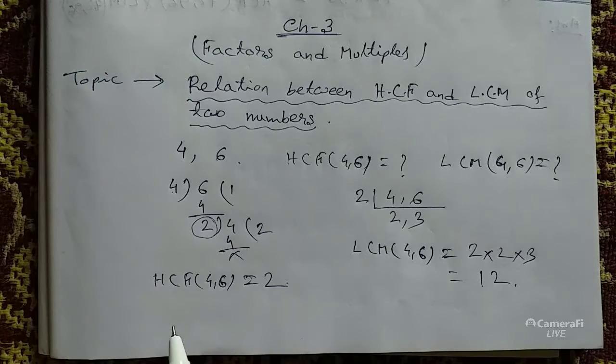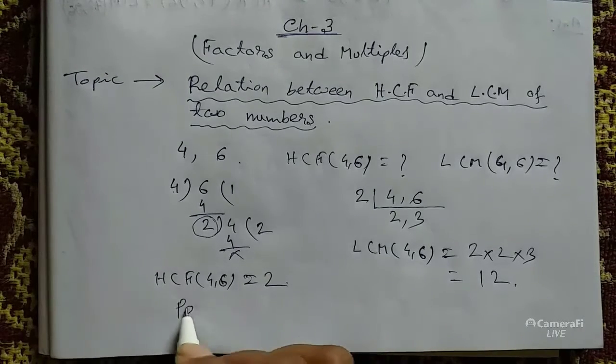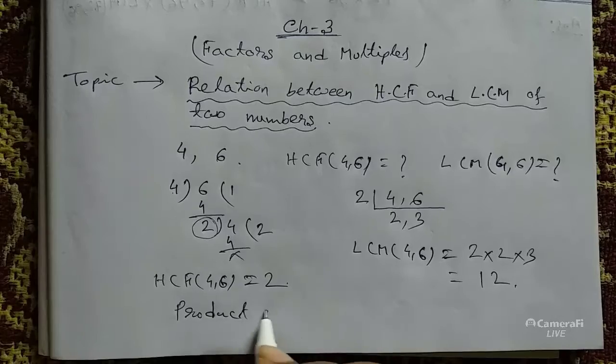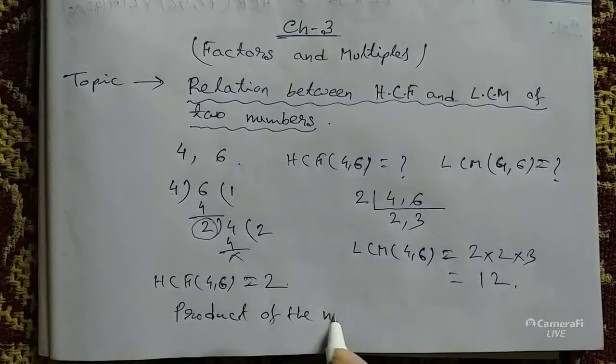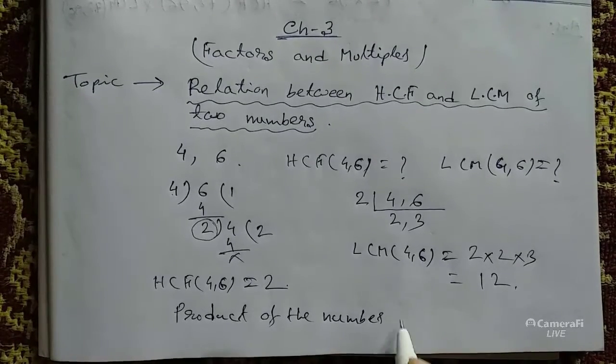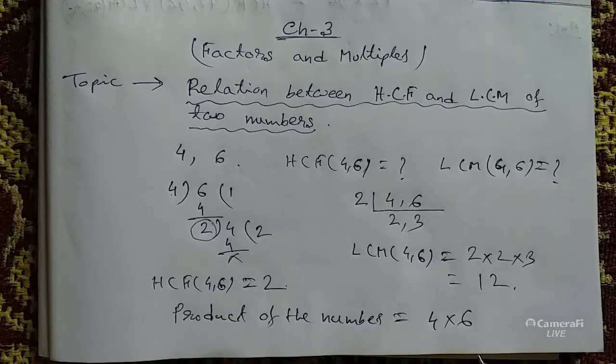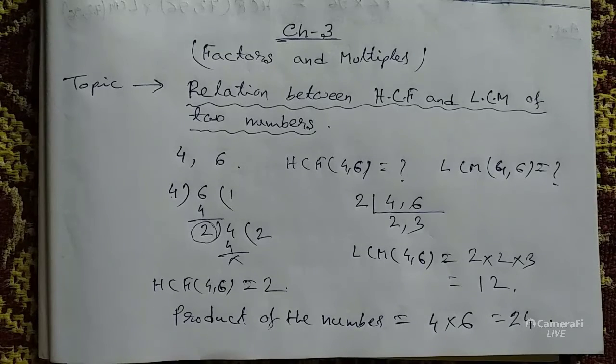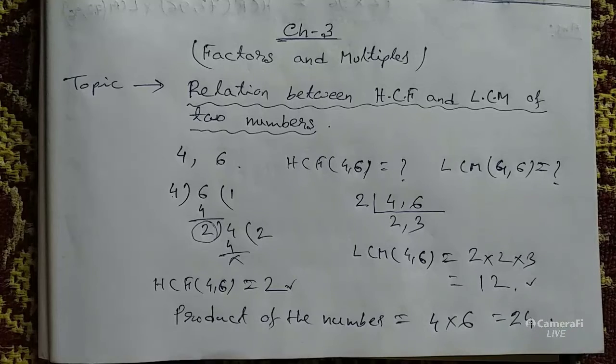Now if we find the product of the numbers 4 and 6, we get 24. Moreover, if we multiply the HCF and LCM of the same numbers, we again get 12 times 2, that is 24.